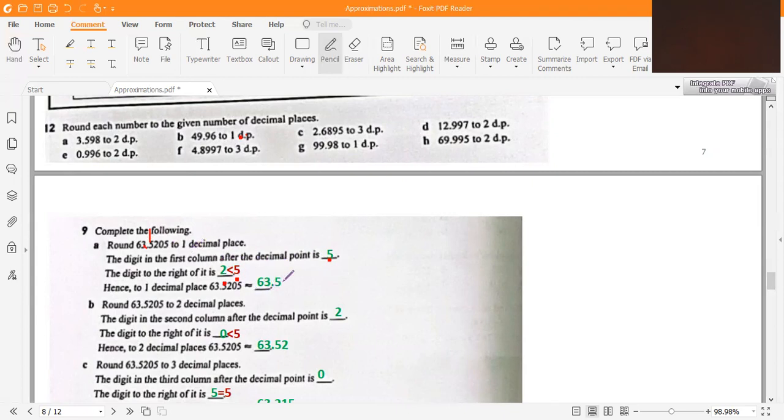So 63.5, and all the digits here we replace by zeros, or we can write it as 63.5.